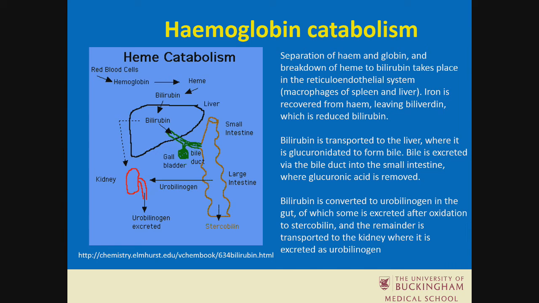The bilirubin is then converted to urobilinogen, which is transported either via the bloodstream to the kidney, where it's excreted as urobilinogen, or the urobilinogen is converted to stercobilin, which is a brown-colored pigment, and then it's excreted. So again, I don't expect you to recapitulate this diagram. It's useful to have a handle on remembering some of the key steps in iron recovery and excretion of bilirubin.